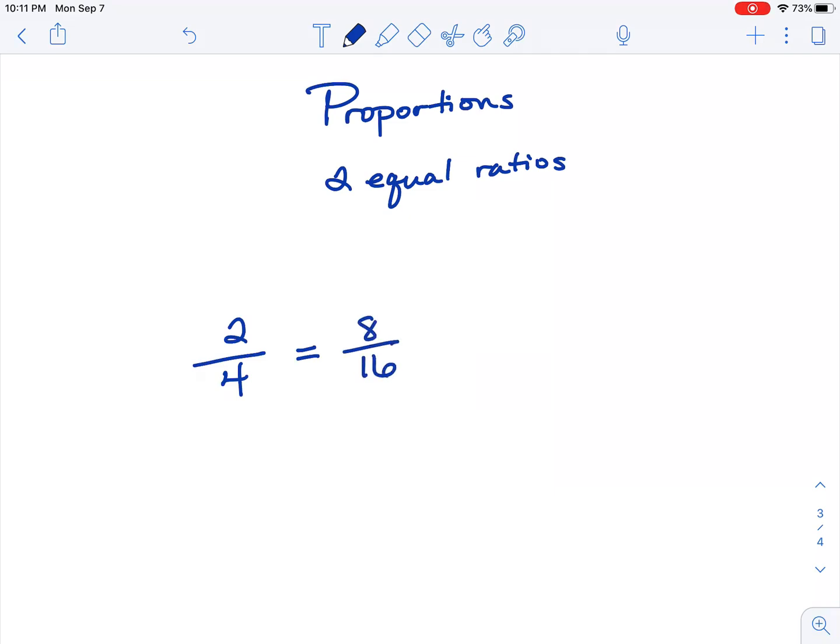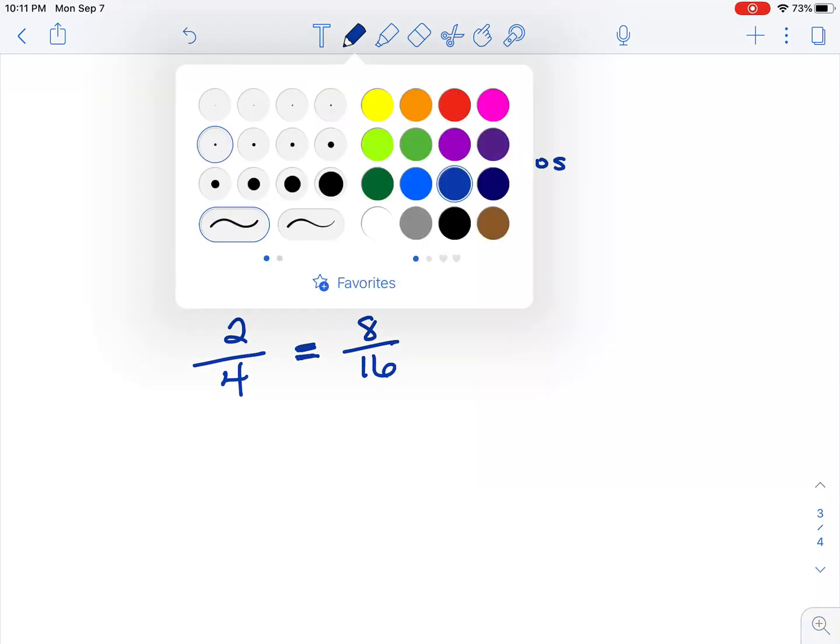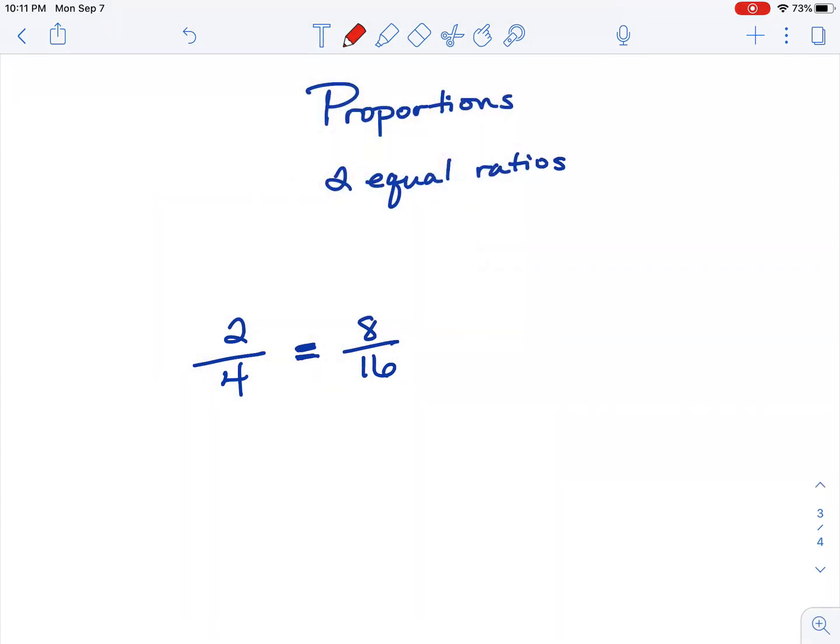Now, I know they're equal because it tells me they're equal, but there's a test I can do to make sure that they're equal. And that test is when I multiply across this way, 4 times 8, I get 32.